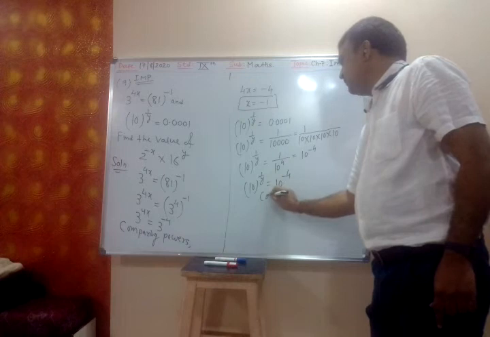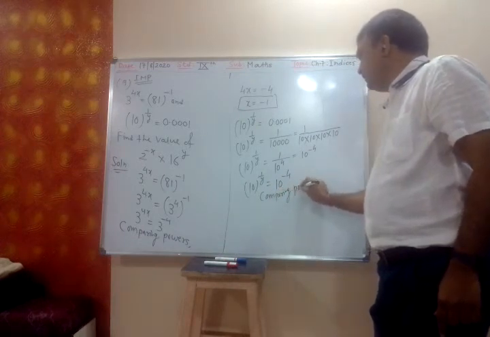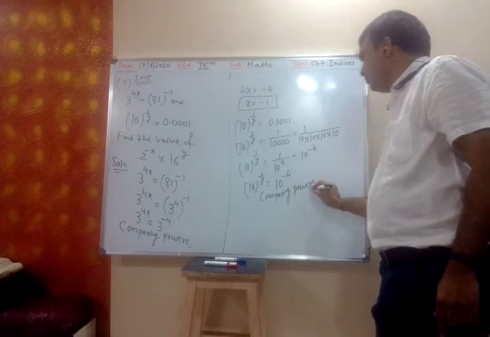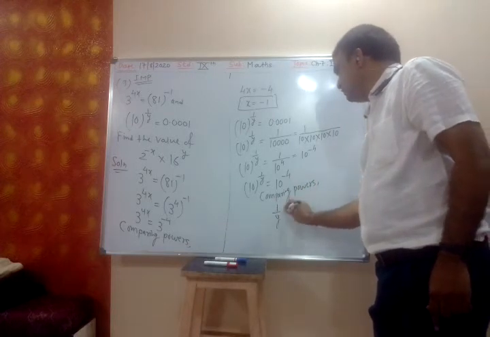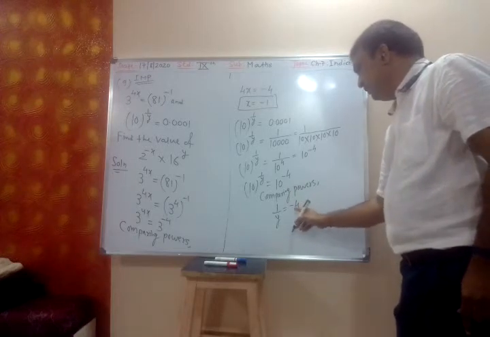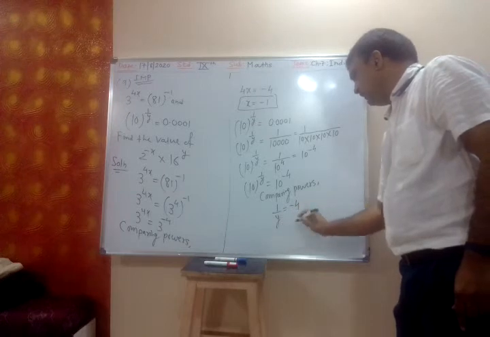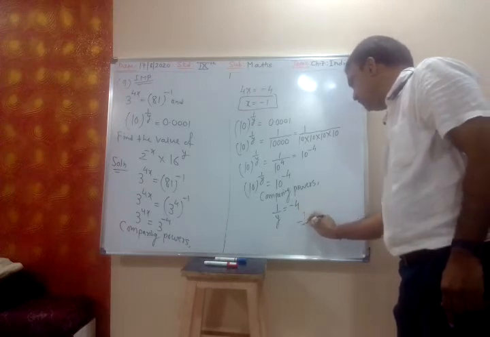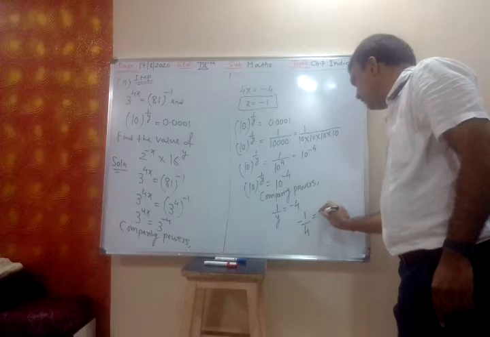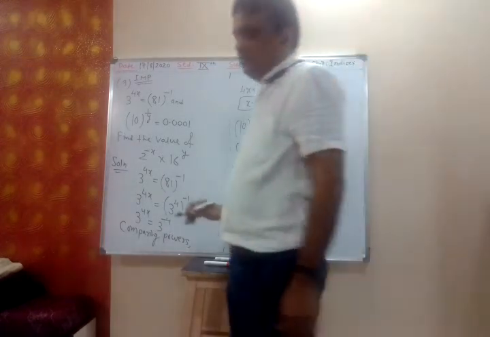So comparing powers, you will get 1 by y is equal to minus 4. So minus 4 I will take in the denominator. Minus 1 upon 4 is equal to y. So the value of y is minus 1 upon 4.